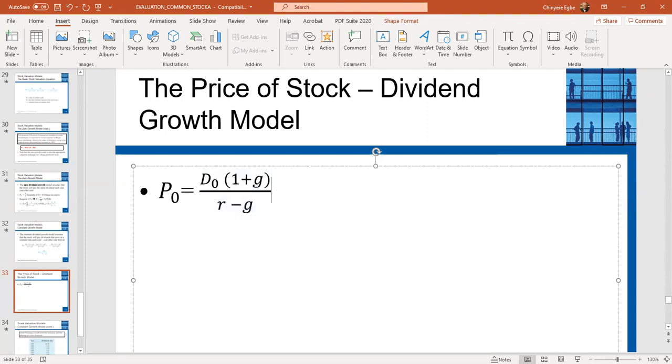So that gives us the formula that we are looking for. And R is equal to required rate of return, and G is growth.